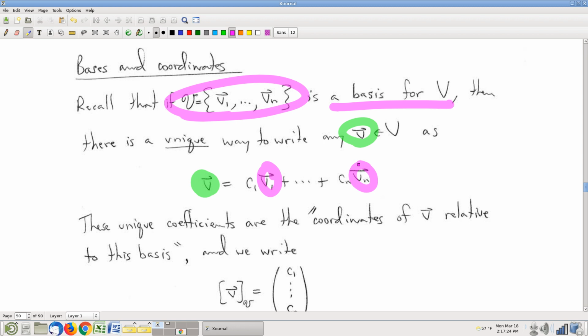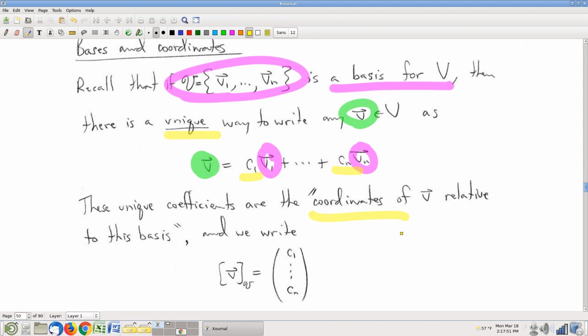And you have to have a basis for this to be true. Okay. So there's exactly one way to write down these coefficients C1 through Cn, and we call those coordinates. I hope everybody remembers this. This goes all the way back to section 2.4. So these are unique. So in fact, we've developed a notation for this.